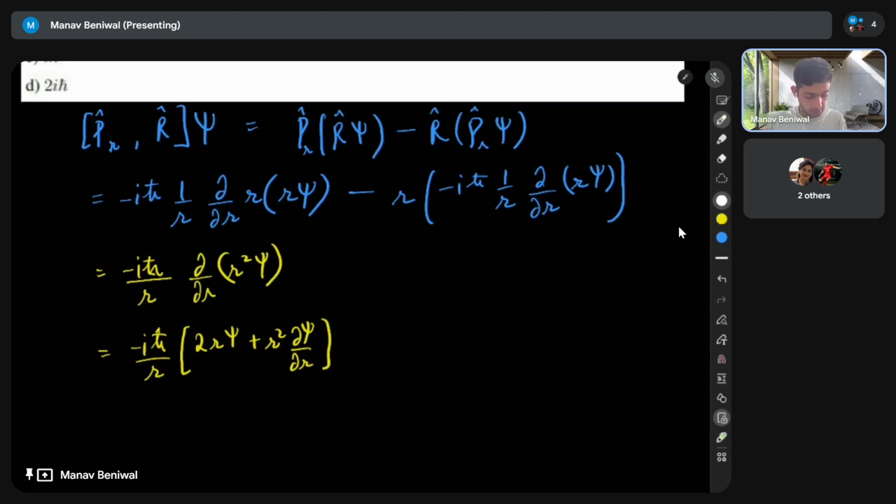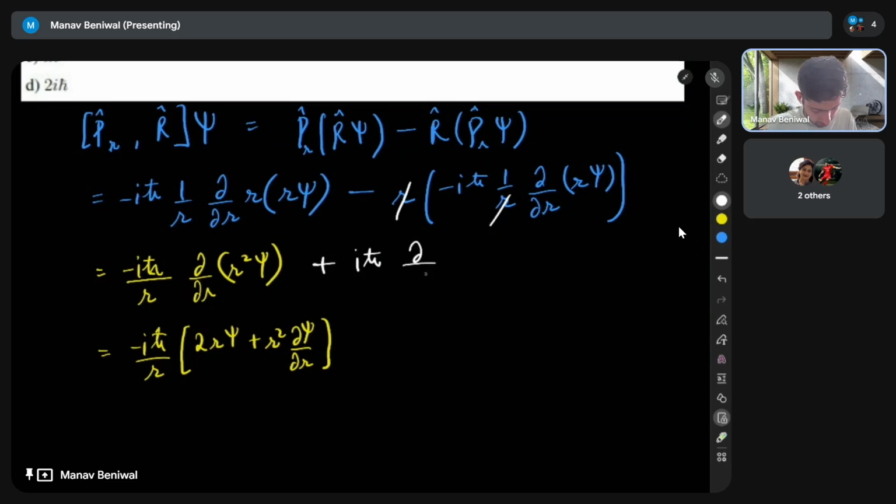Now for the second term, the r and r cancel out, and this minus i becomes plus i h-cut, and then del by del r of r psi.